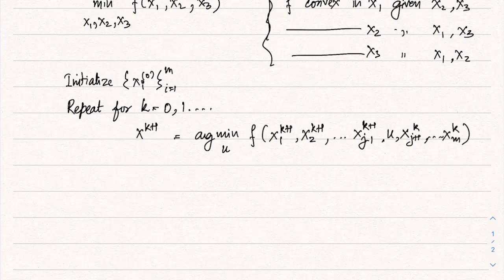So the u is replaced in the position of where the jth component is. So this will be for j equal to 1 to m. Cyclically we are minimizing over each of the blocks, right? So this is the block coordinate descent method.